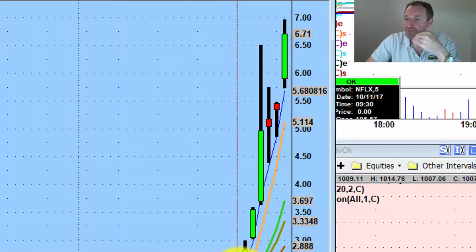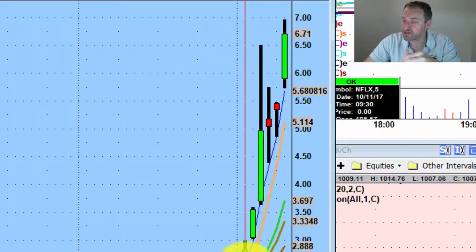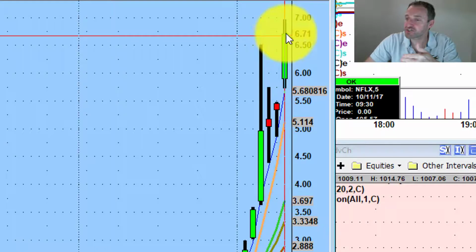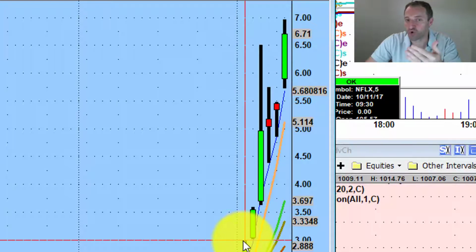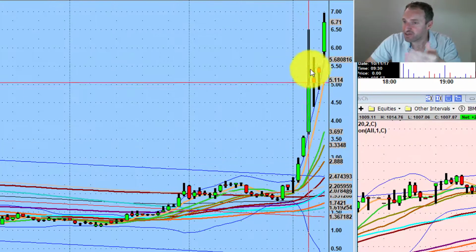So your maximum exposure is still that $250, but what you're doing now is getting the most amount of shares, minus your fixed rate, to give yourself a defined trade. So if this thing goes, and obviously this thing went, you have a potential runaway train on your hands. Now again, this is after the fact. Again, in a normal market, you'd probably be begging and wishing and praying for this candle.